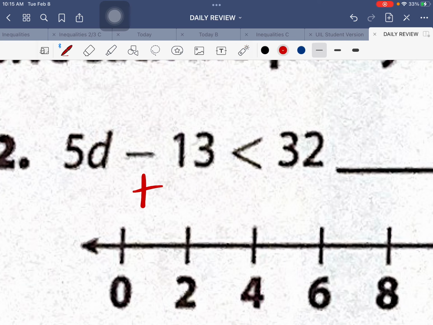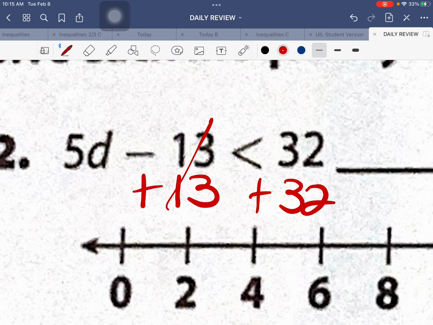At what? Okay, what I do to one side, I do to the other. That's true. So I'm adding 13. What do I have left?